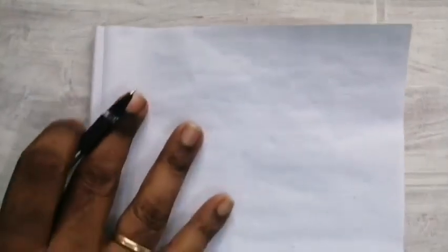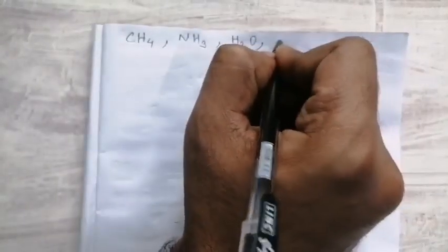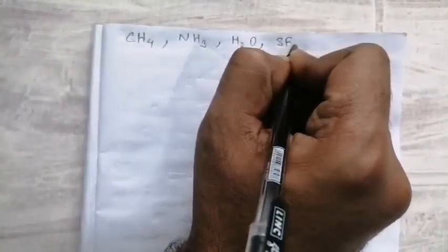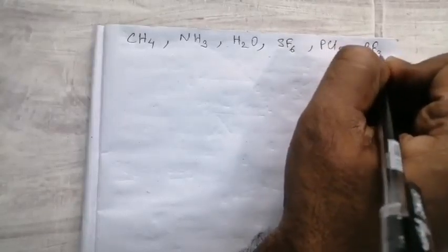Now let's start with neutral molecules. For example, CH4. Then we will do NH3. Then we will do H2O. Then we will do SF6. Then PCl5, then BF3.